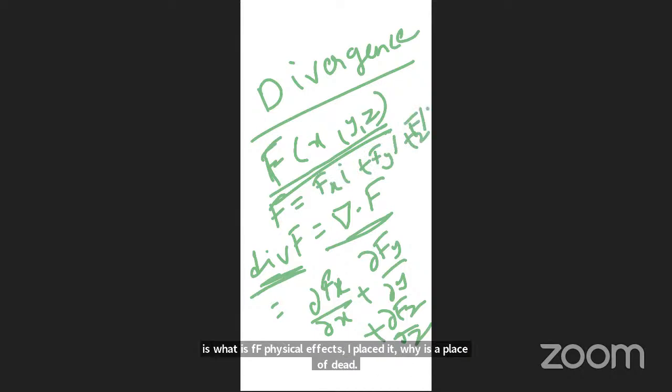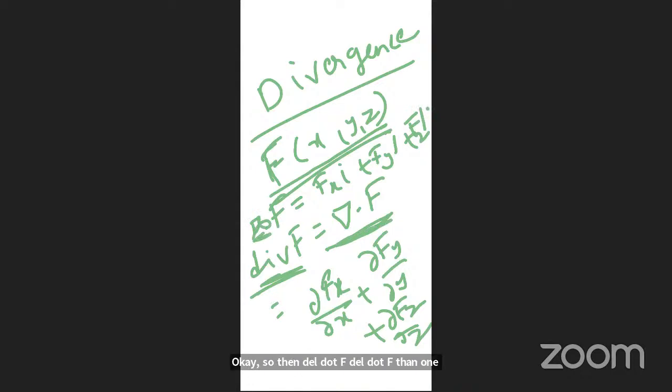So del dot f is the multiplication of del and f. What is del? i into dou by dou x plus j into dou by dou y plus k into dou by dou z. And f is i into fx plus j into fy plus k into fz. This is multiplication and simplify. Then dou fx by dou x plus dou fy by dou y plus dou fz by dou z. This is the divergence formula, del dot f.